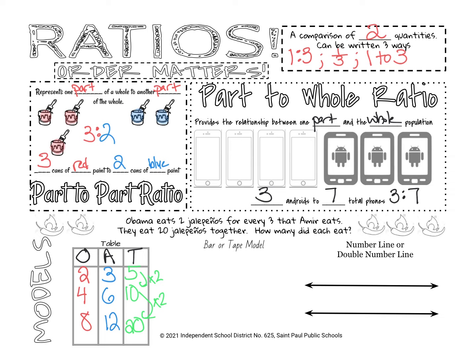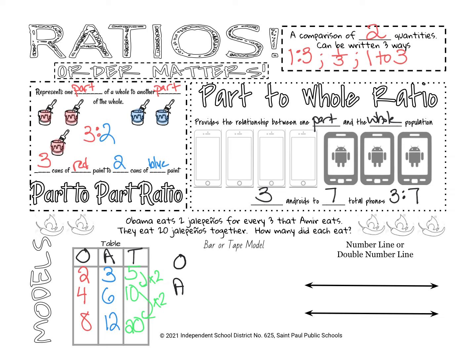So that's a table. One of my personal favorites is actually the bar or the tape model. When I do this one, it's going to be a similar type of setup, but I'm going to create a bar of smaller pieces to represent each group. Once again, I'm comparing Obama to Amir.